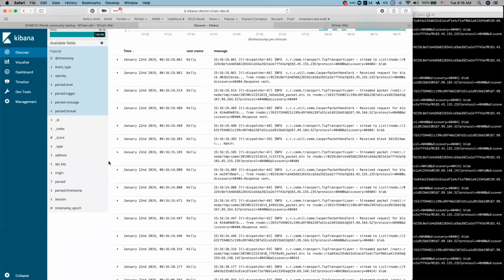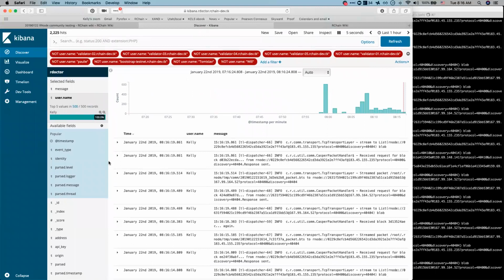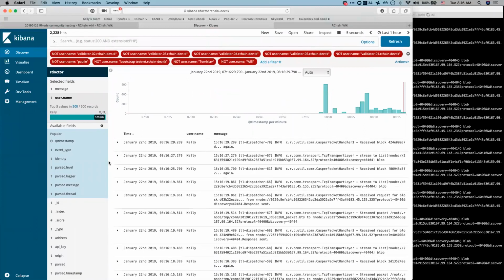By the way, which version of RNode are you using? Yeah, it's the release version, 8.3. I see.